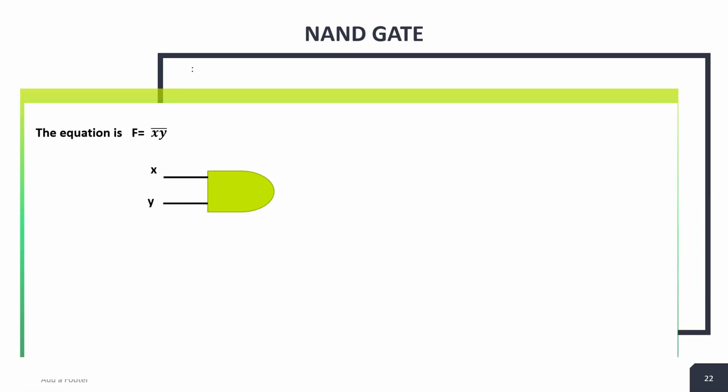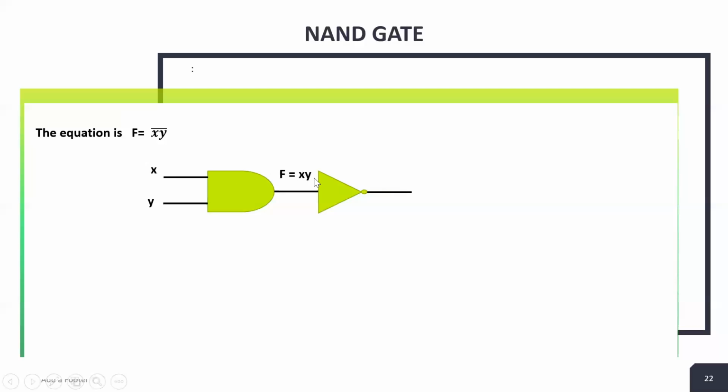Okay, and there is only one output, and we take F equals XY. Okay, we have taken it. Now, according to the equation, we have the complement of X and Y. What to do? We will take the NOT gate. We will connect the NOT gate with the AND gate.